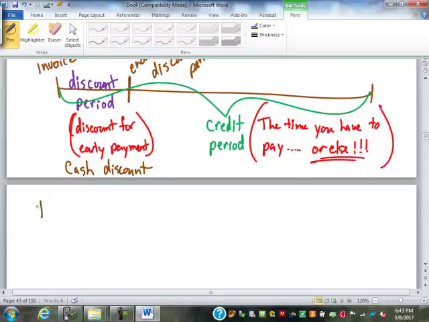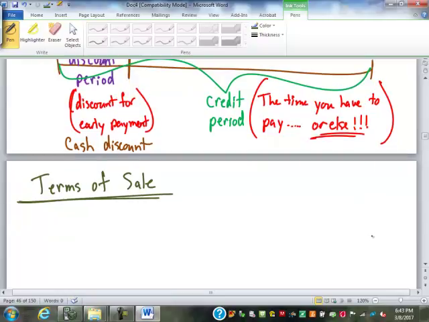This is all part of what is called the terms of sale in an invoice. The most common terminology would look something like this: 2/10, N/30.